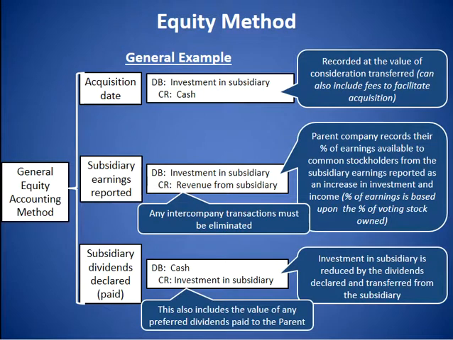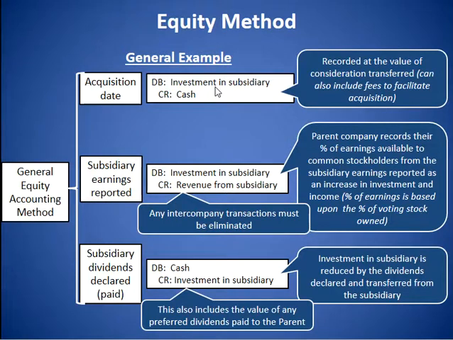Now, if we were to take a look at just the very general entries of the equity method, what happens is we have an acquisition date, and the acquisition is recorded at the value of the consideration transferred, and that can also include fees to facilitate the acquisition.